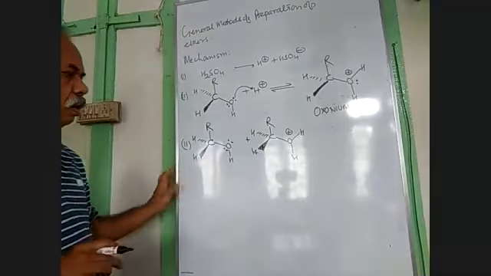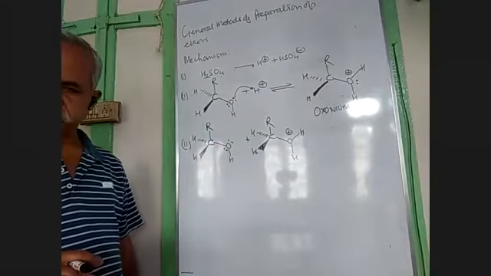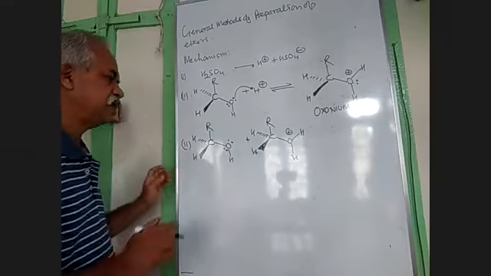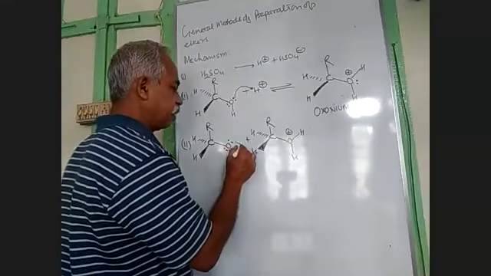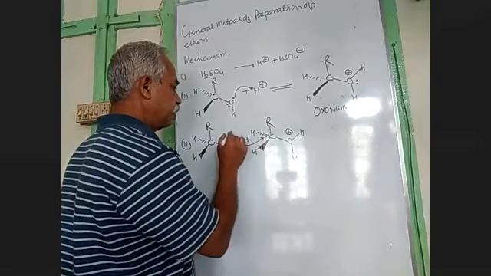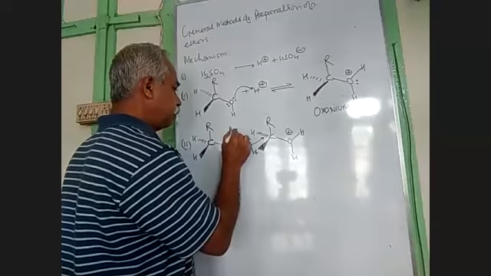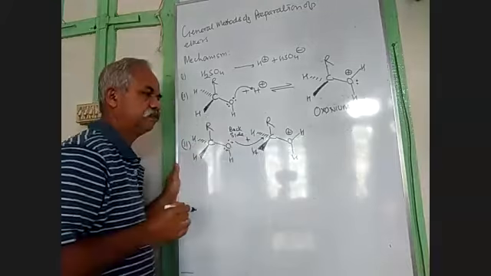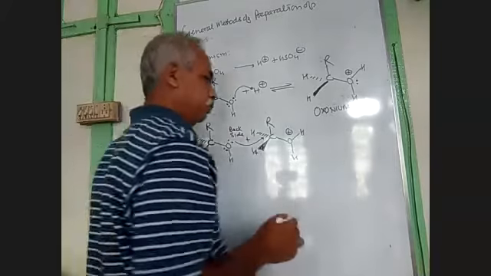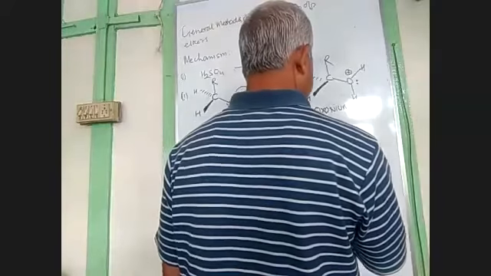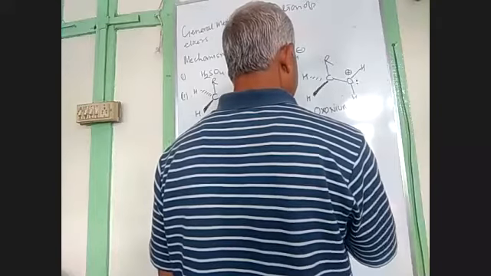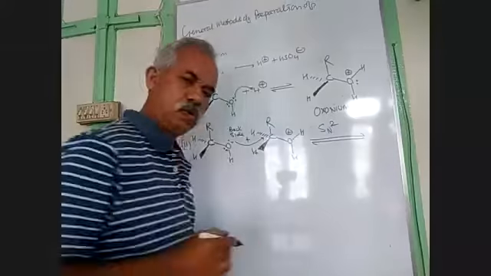But here you have two small hydrogen atoms, so it can approach from this side. So it is coming from the back side. Now we know what we call this type of reaction. This is called SN2.